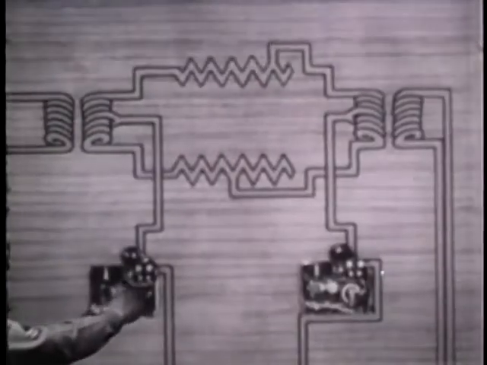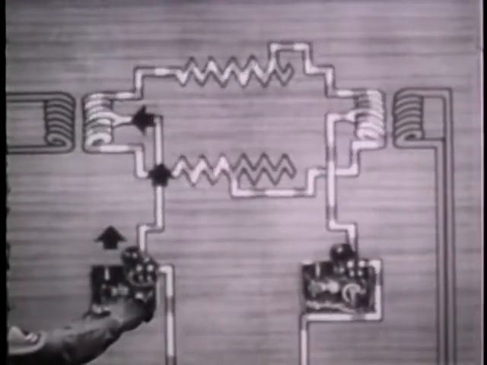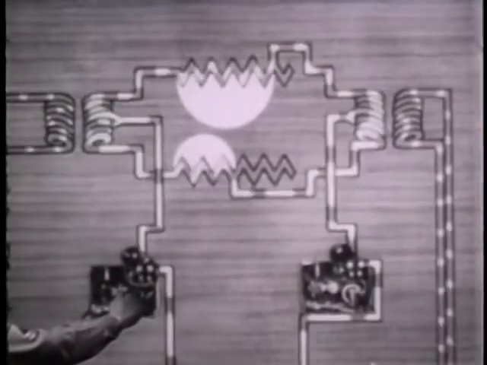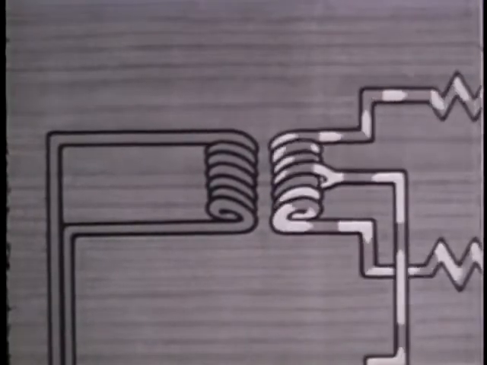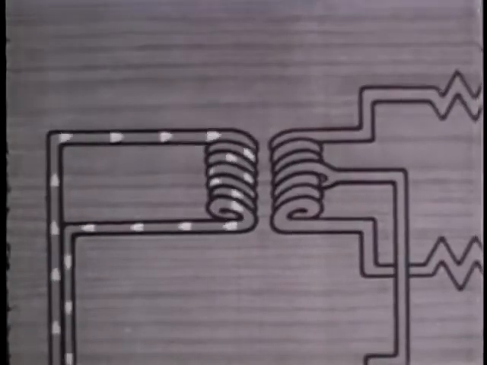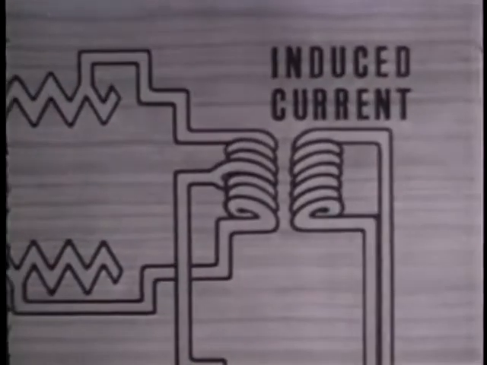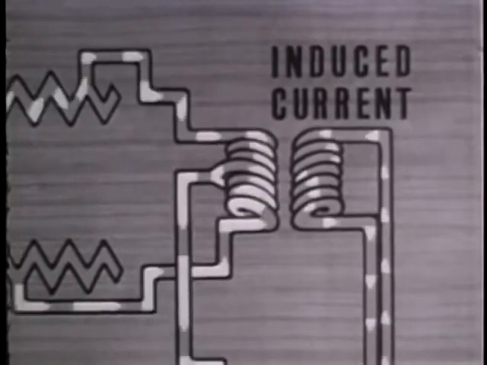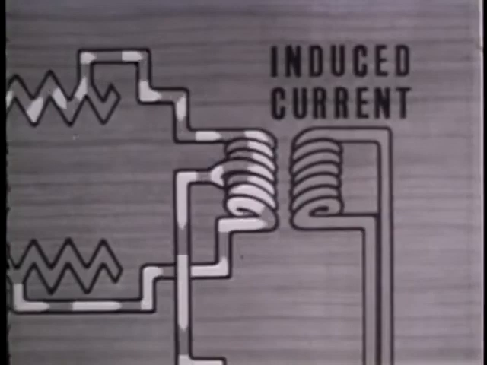As usual, telegraph current flows to the midpoint of the winding of the repeating coil. Because of the unequal resistances, however, the current no longer divides equally between the two halves of the winding, and the magnetizing effects of the two currents no longer cancel each other. Thus, current is induced in the other windings of both repeating coils at the beginning and end of each impulse. This produces crossfire interference in the telephone channel.